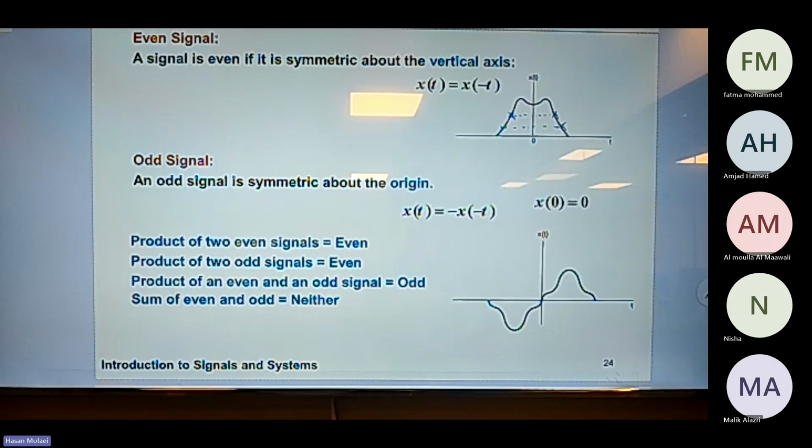The odd signal x(t) should be equal to minus x(minus t), which means it should be symmetrical about the origin. If you find the point, go to the origin and continue, you should reach that mirror point.